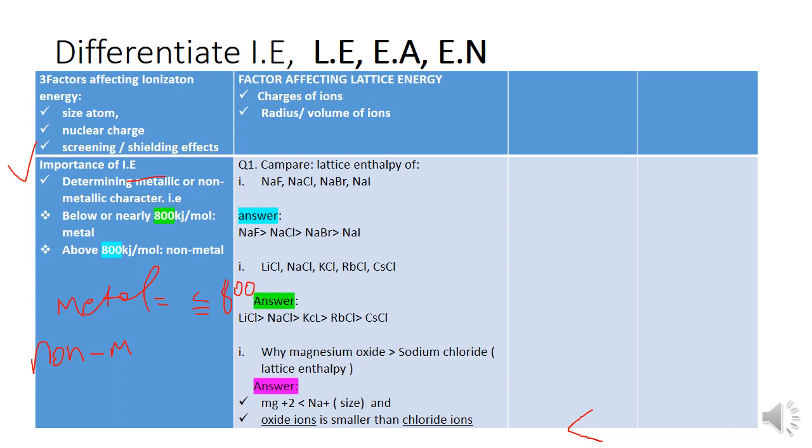When it is greater than 800, this is a non-metal. Above 800 is a non-metal.